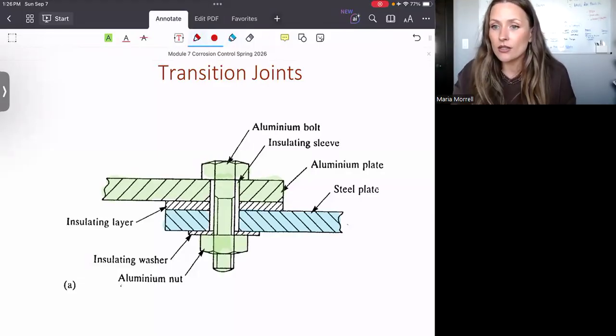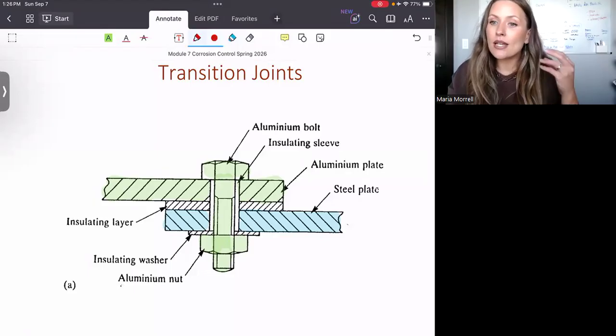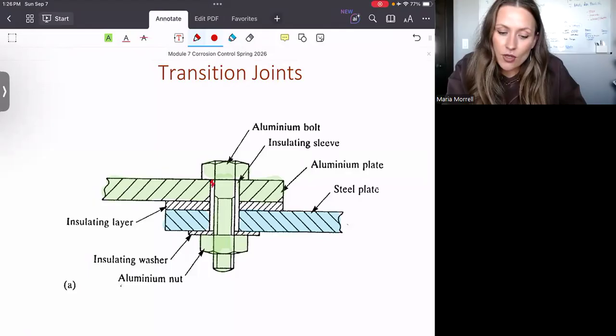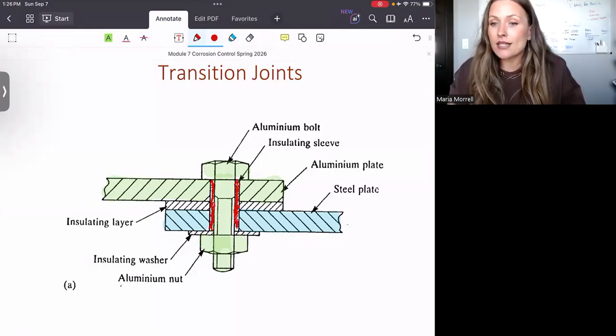So how do I avoid that? Well, first, I'm going to use an insulating sleeve, right? You're going to put this sleeve. It is very common because that separates my aluminum bolt, and the sleeve is typically made out of polymer, right? And polymer is an insulator.